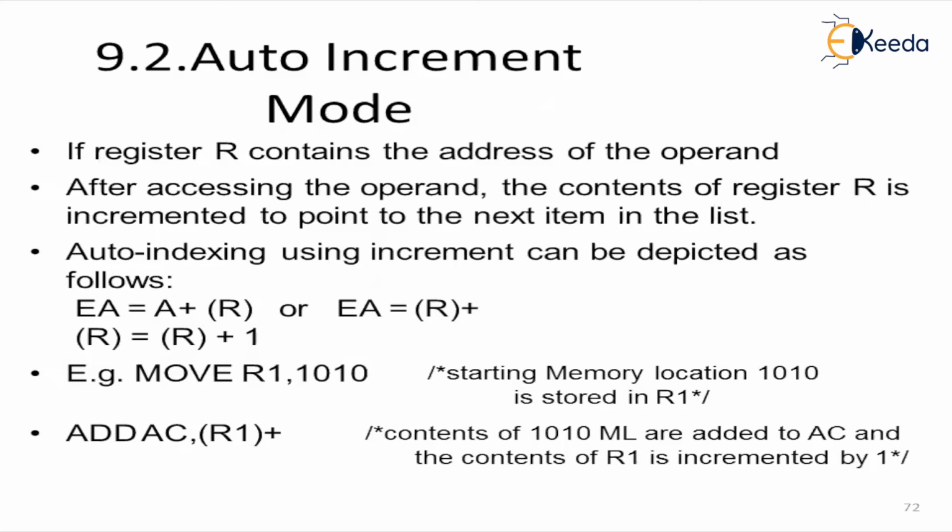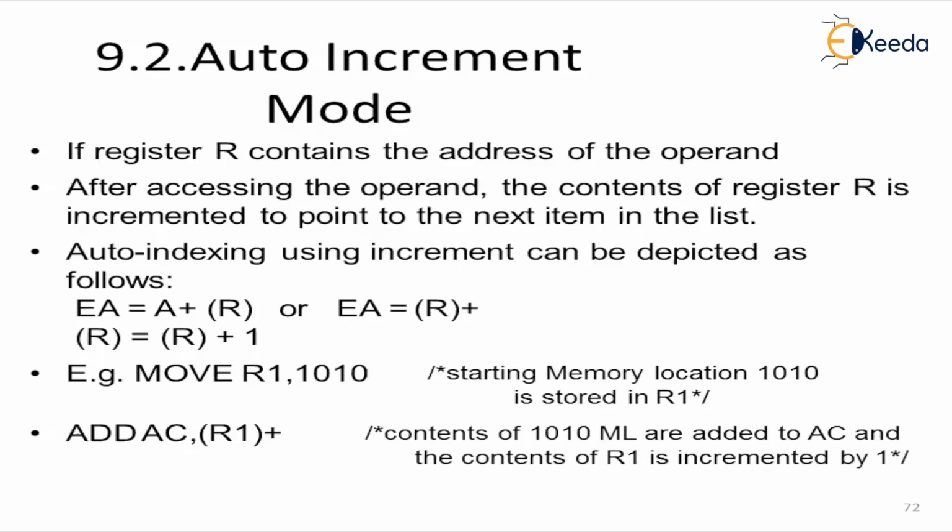Now what do we mean by auto increment? Let us look at this with the help of an example. If register R contains the address of the operand, after accessing the operand, the content of register R is incremented to point to the next item in the list. So what do you understand by auto indexing?